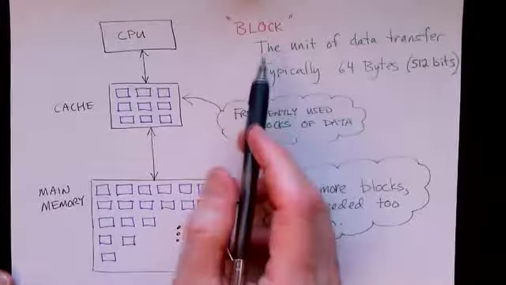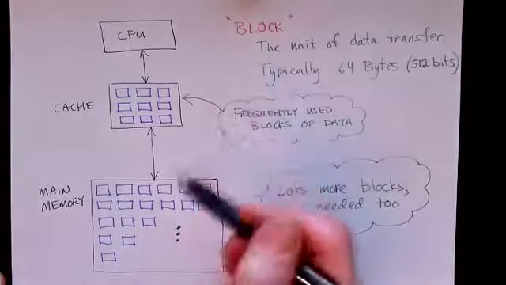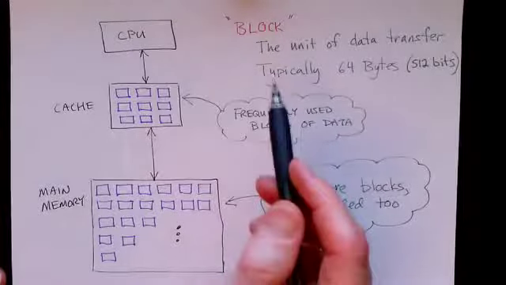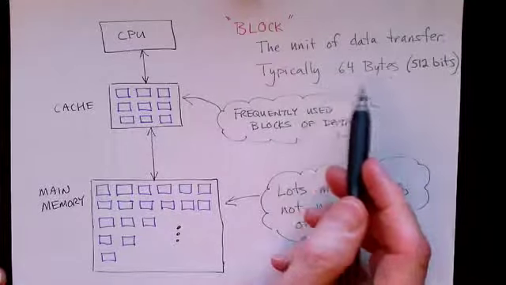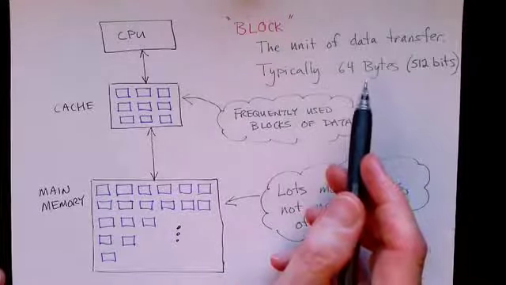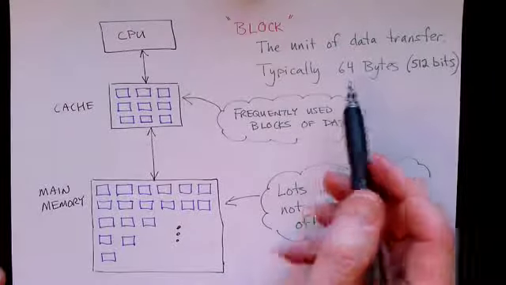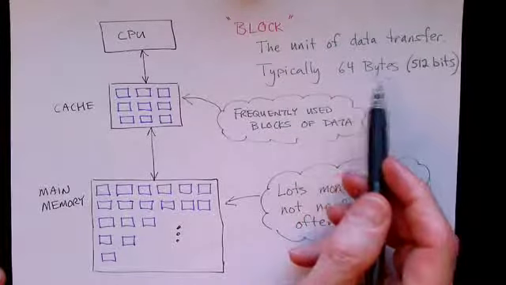The block is the main unit of data transfer between the main memory and the CPU. Typically, the block size is about 64 bytes, as it is in the Intel Core i7 chip. Note that I'm saying 64 bytes and not 64 bits.